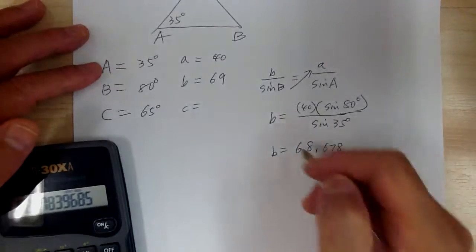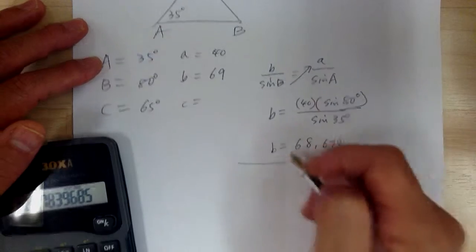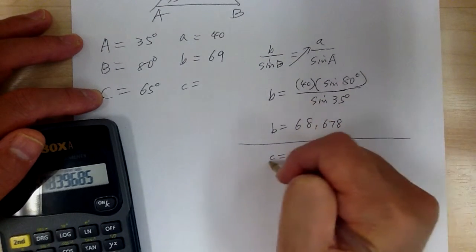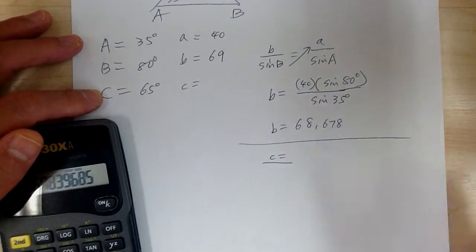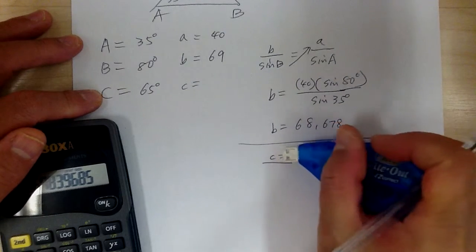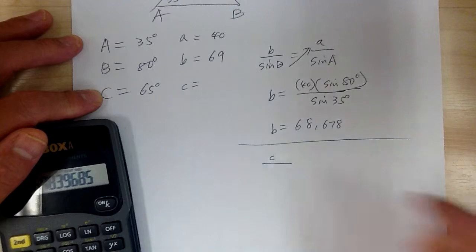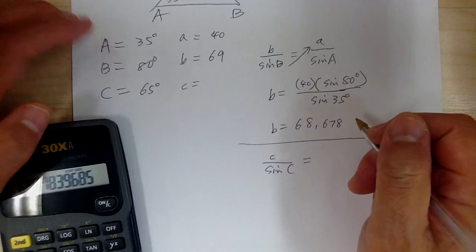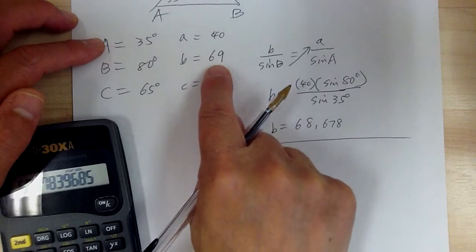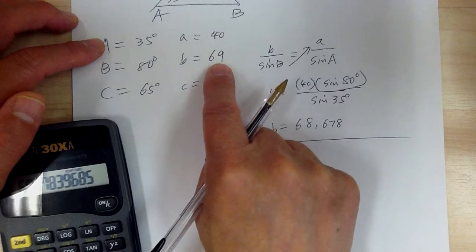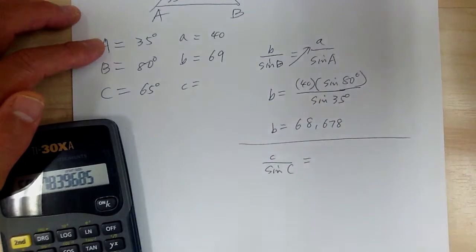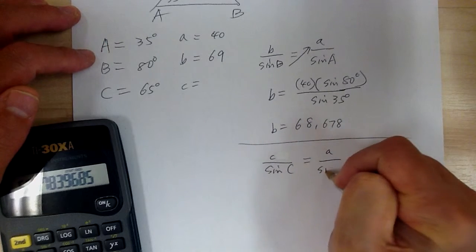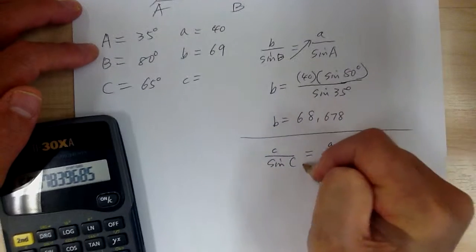Okay. Then after that, you're looking for C. So C equal to... okay, C. Let's go and write down the formula first. Get into the habit of doing that. Again, I'm going to use the A because the B is already rounded off, so it's not as accurate. If you try to use that and you calculate, it's going to be off even more. Okay? So let's go and use the A over sine A. Again, move this over.